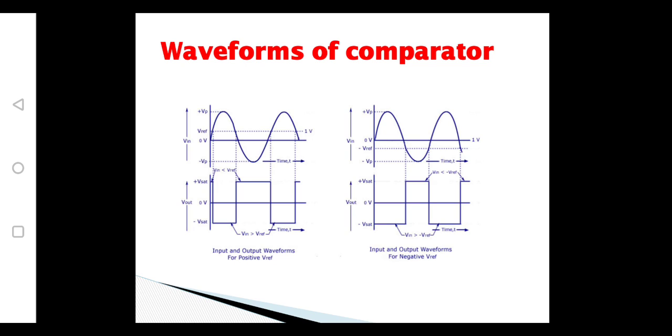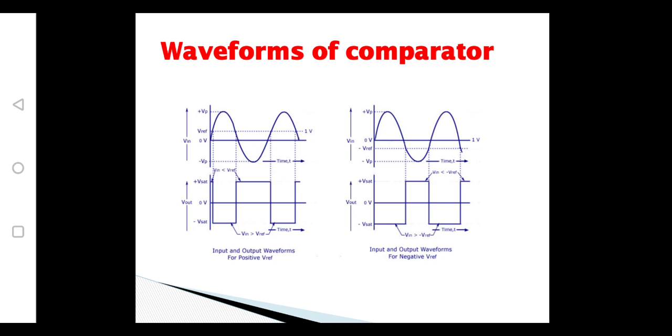Here the dotted line represents the intersection of the reference voltage with the input voltage. Whenever the input voltage is equal to the reference voltage, the output will be a zero value.